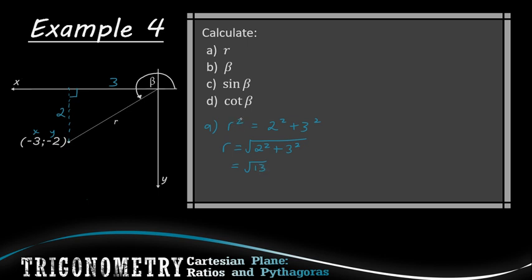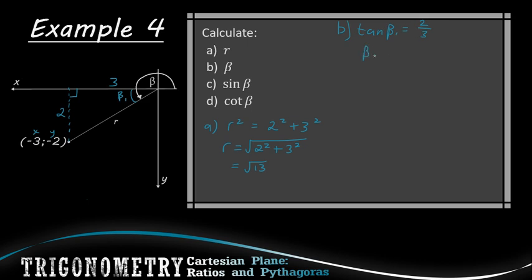Okay, and then for b, we need to find beta. So once again, I'm just going to concentrate on my smaller triangle. I'm going to call this beta 1 and find it with opposite over adjacent. So that's tan. So tan of beta 1 is opposite 2 over adjacent 3.